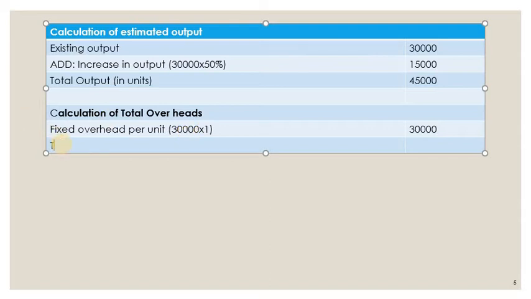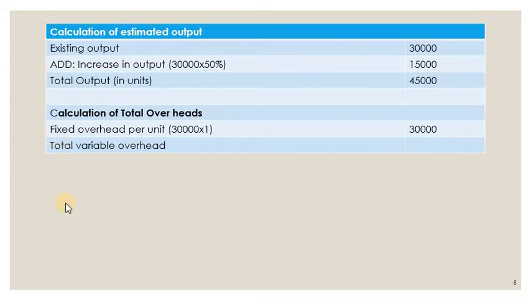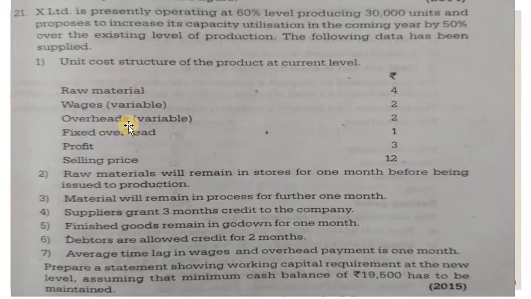Next one is total variable overhead. Let's go to the problem. Variable overhead is 2 per unit for 30,000. So for 45,000, how much? We have to calculate, because as the production varies, your variable cost also will vary.